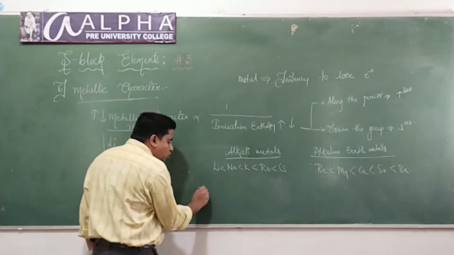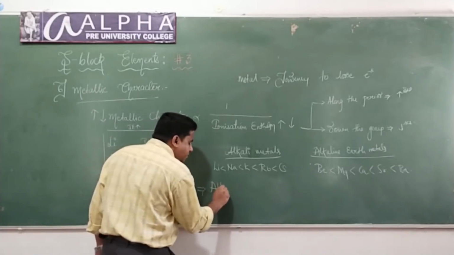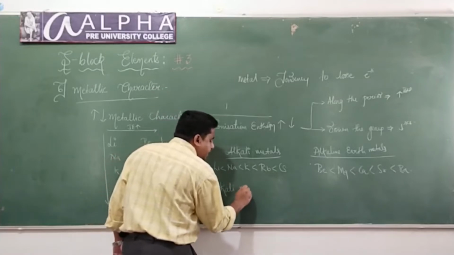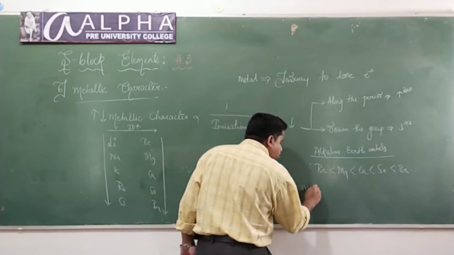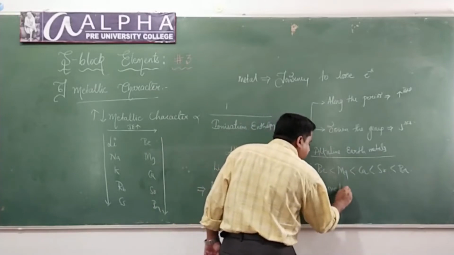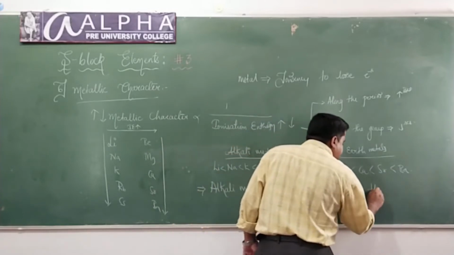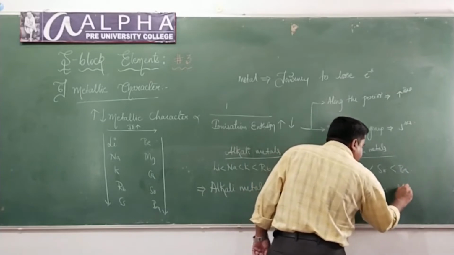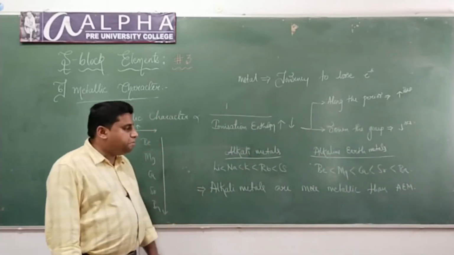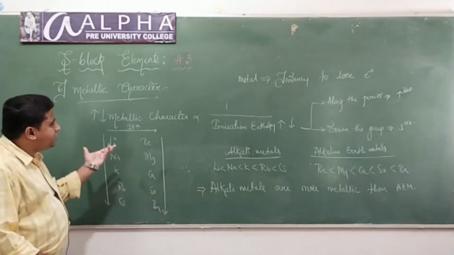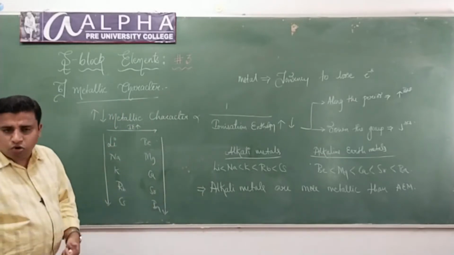So I can conclude here, alkali metals are more metallic than alkaline earth metals. Is that clear? So that's all about the metallic character. No big deal here.